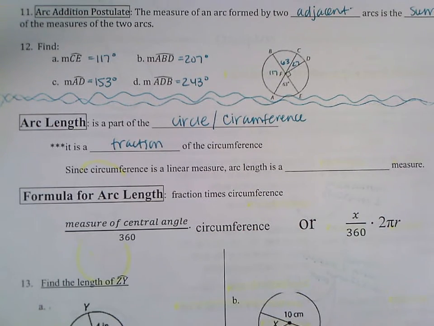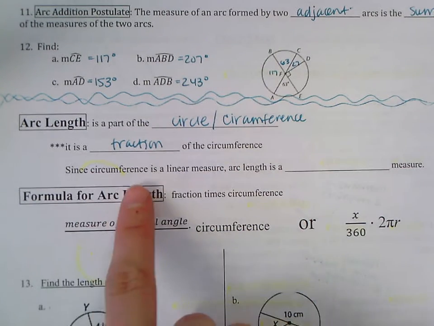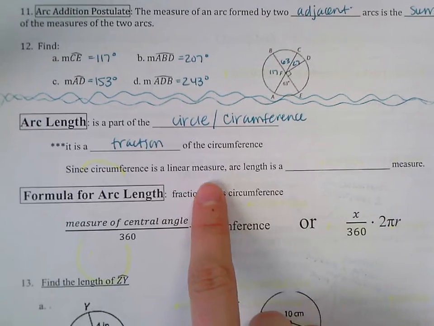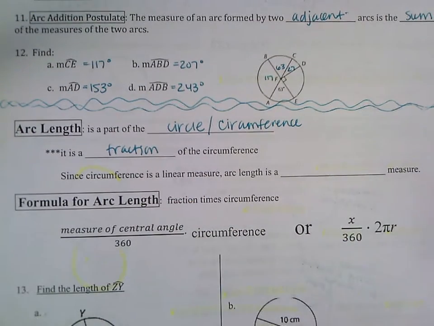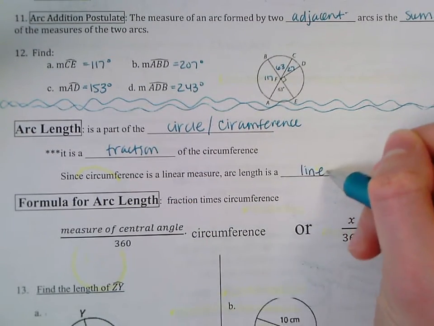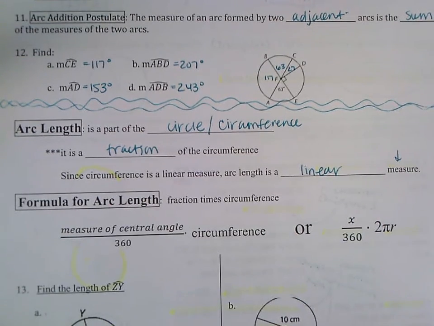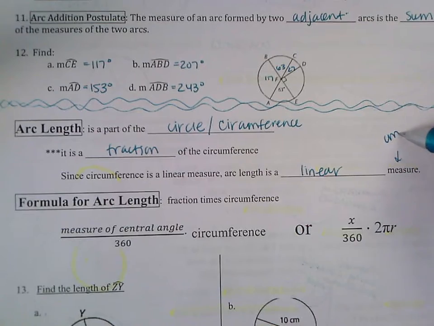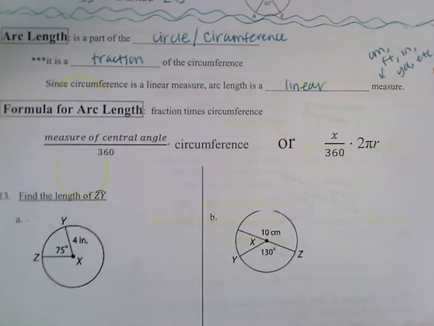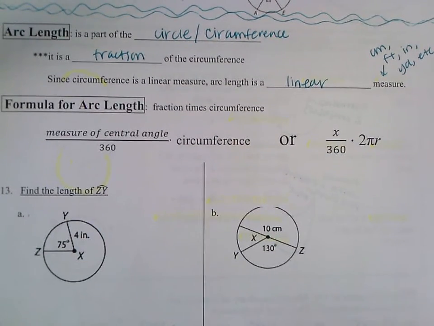It's part of the length around a circle. So I have here, since circumference is a linear measure, arc length is also a linear measure. And again, what that means is your measurements are going to be in centimeters or in feet or in inches or in yards, etc. So those would be the units, not degrees. So the measure of an arc is in degrees.